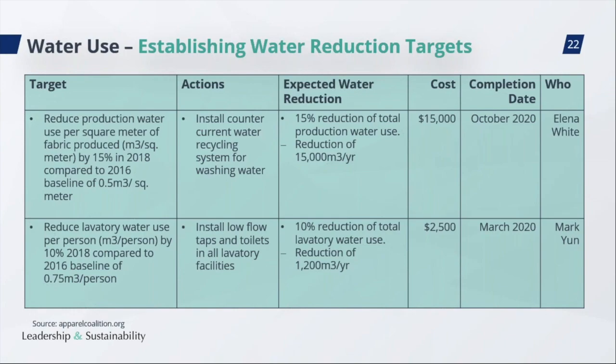And then the action in this case would be to install a countercurrent water recycling system for washing water, and the expected water reduction is 15%, which in this case would also mean a reduction of 15,000 cubic meters per year. And this installation would cost $15,000, and the completion date is October 2020, and we also have someone responsible for that. So this is also an example of how you can build out your action plan when you set a target.